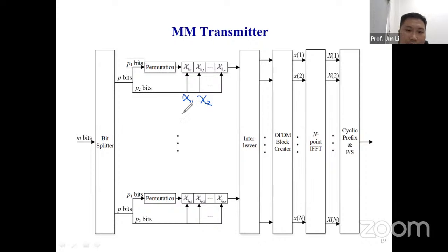In the other case, the first subcarrier can transmit the signal from x2, and the second subcarrier can transmit the signal from x1. We call this one a permutation pattern, and this one is another permutation pattern, and we give the index space for these two patterns, right? This is 1, this is 0, this is 1.